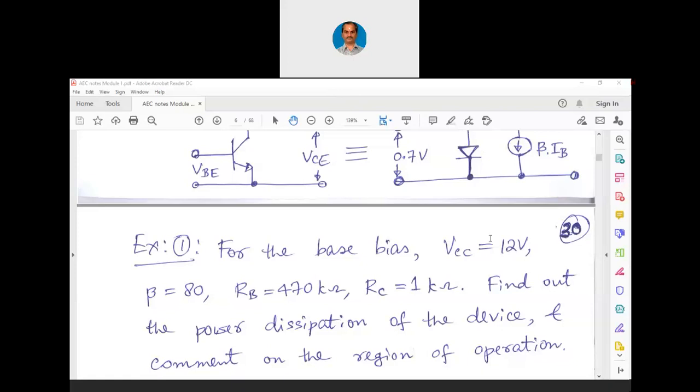Yes, VBE is always 0.7 because we will be taking only silicon as an example.